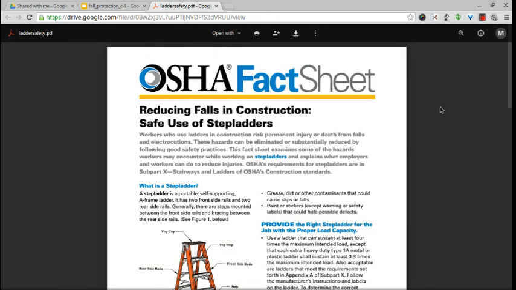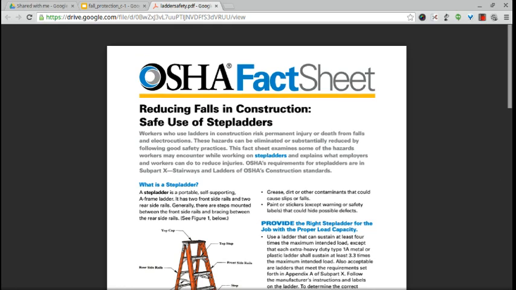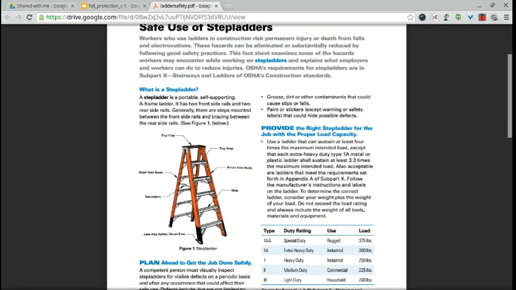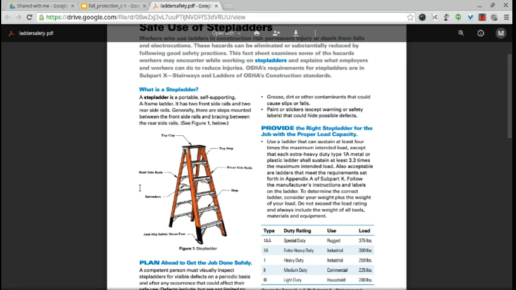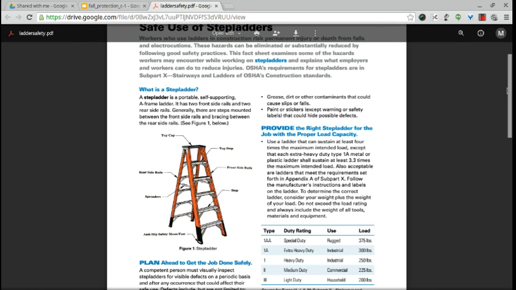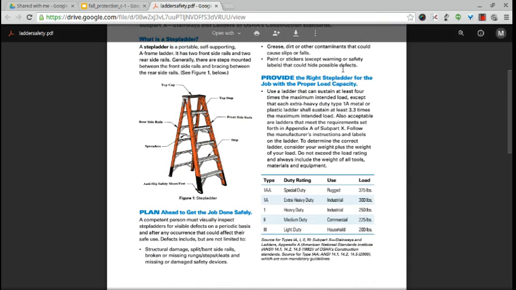Okay. Safe use of step ladders. And you can see this document basically spells out for you what is a step ladder. Plan ahead to get the job done safely. Provide the right step ladder for the job with the proper load capacity.